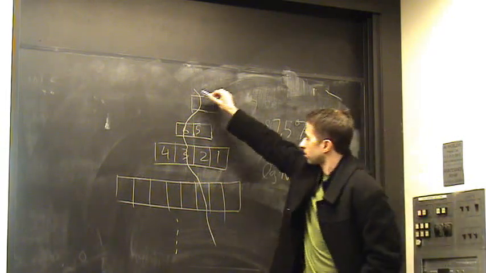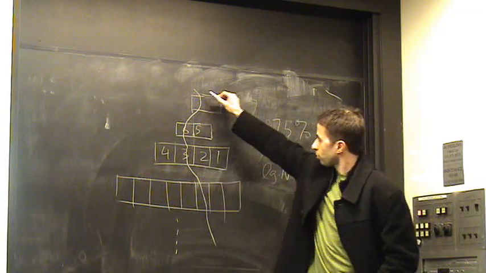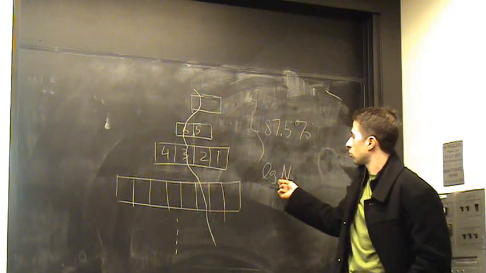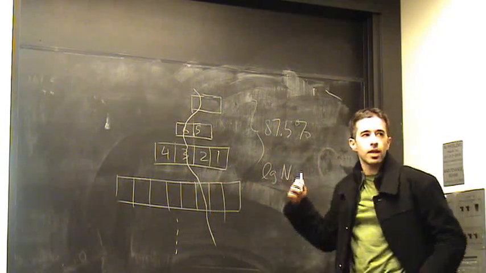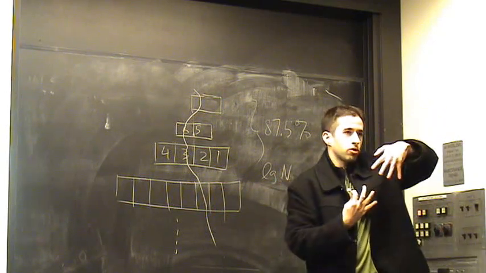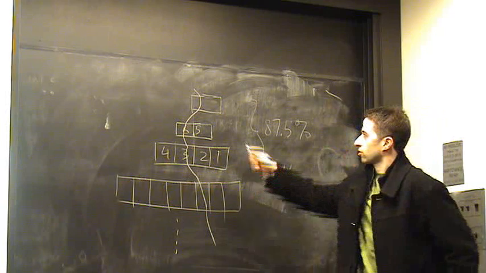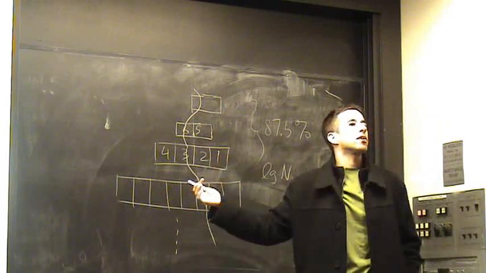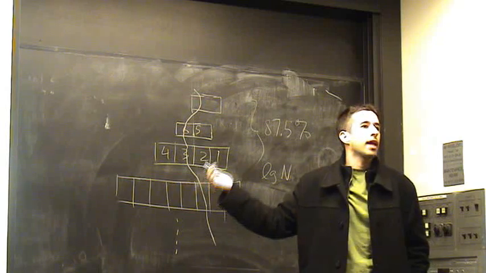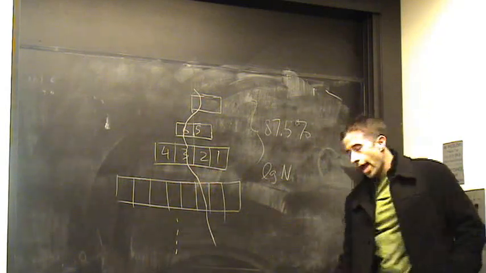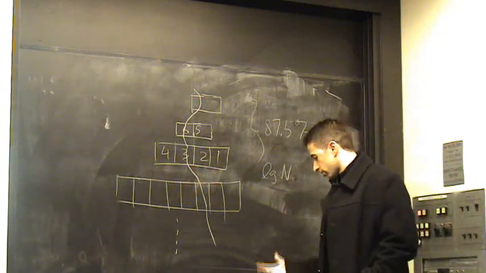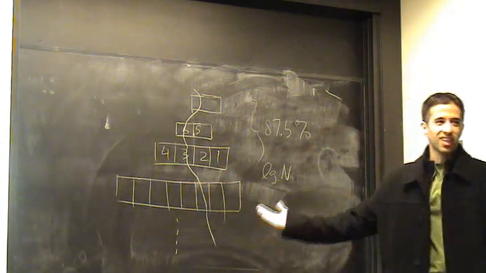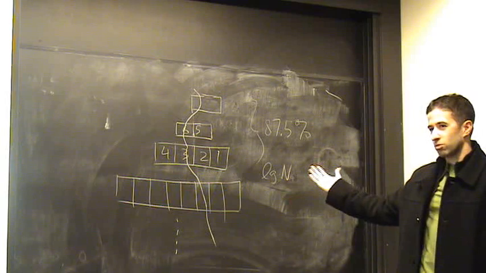But you find the path that you care about, and then you need to merge the results to figure out what the next one is. So I have something like log n values, and then I need to find the min of those values to see what the next element is. So in this structure, queries don't work terribly well, but you can see how queries are close to good.